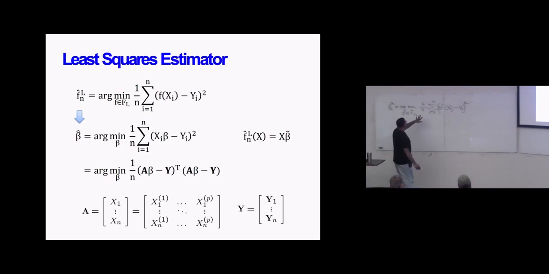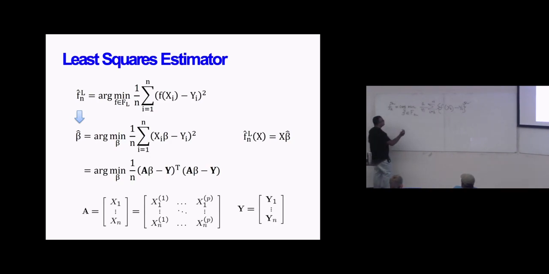And you want to minimize the average of the least square error, right? So you are summing over all the examples in your data set and looking at the difference between your prediction and the original value squared divided by n, the average, right?